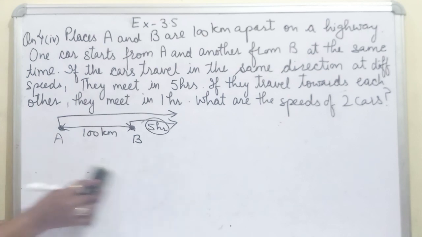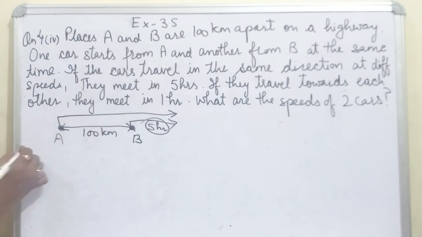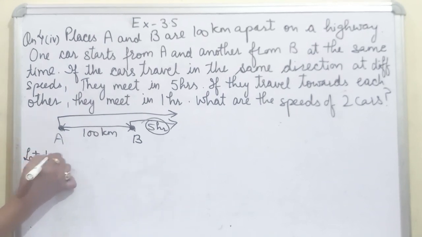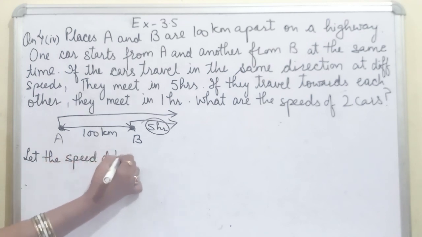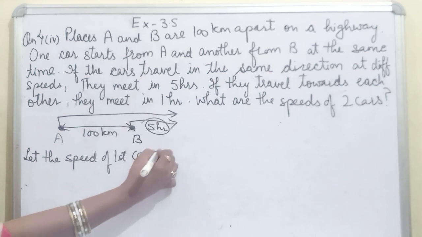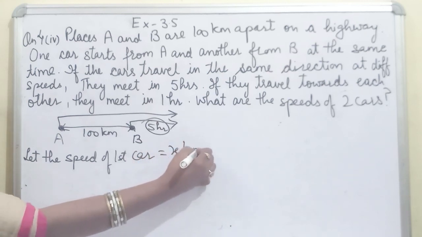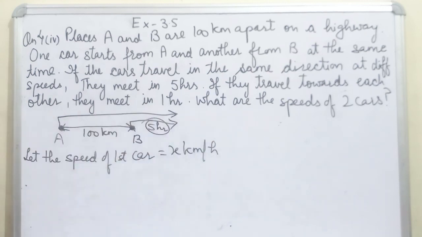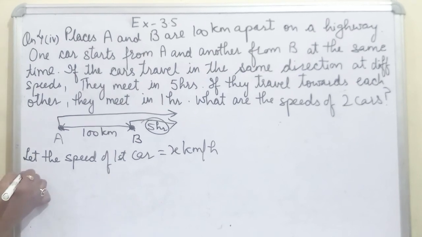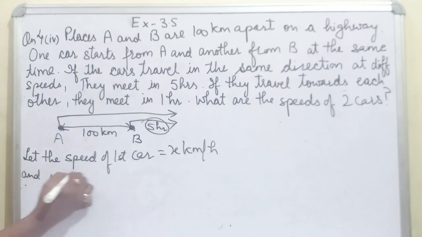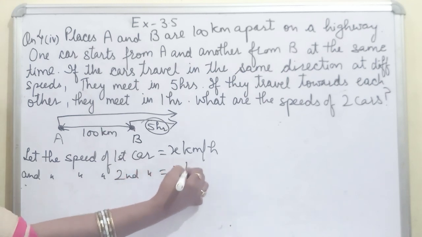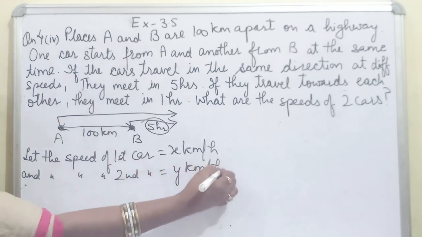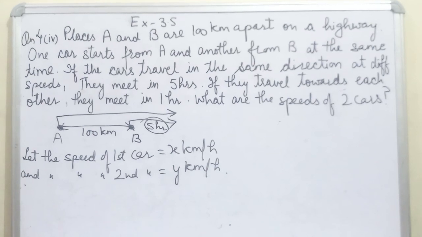So first of all, let the speed of the first car be x kilometers per hour and the speed of the second car be y kilometers per hour, right?